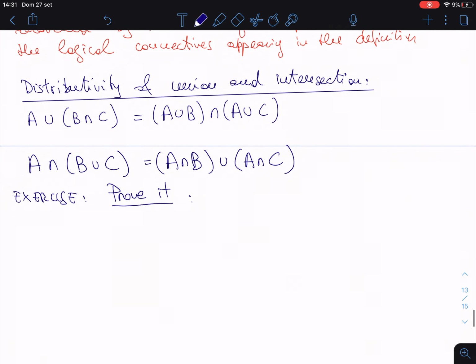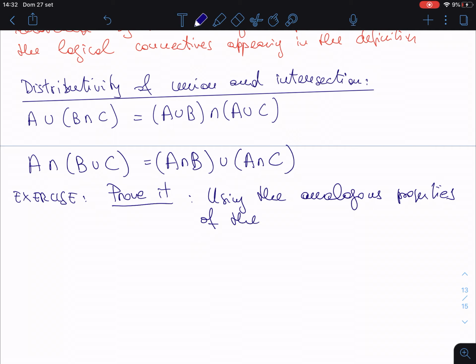And to prove it, just use the analogous properties of the logical connective.